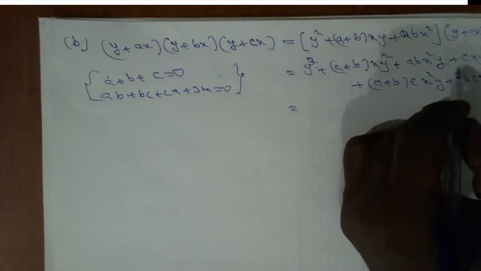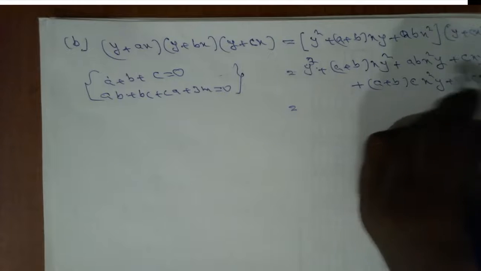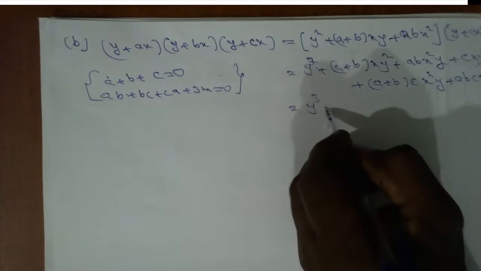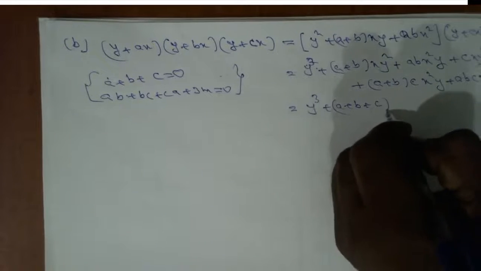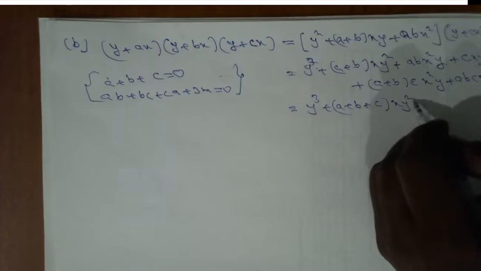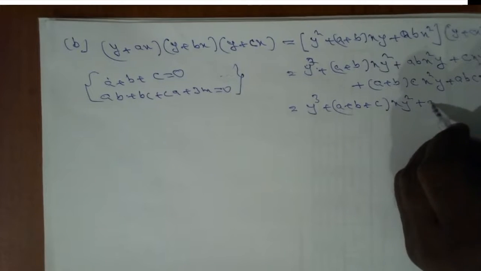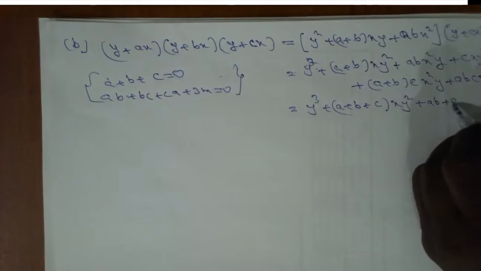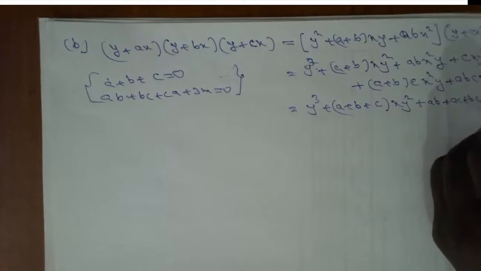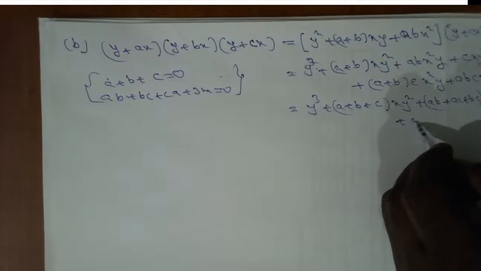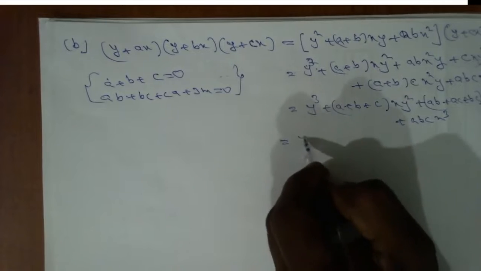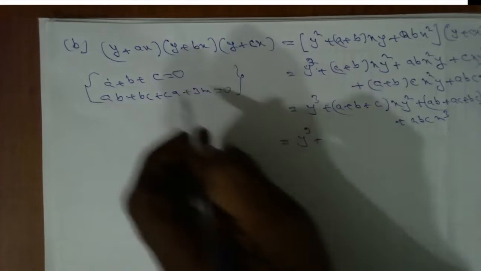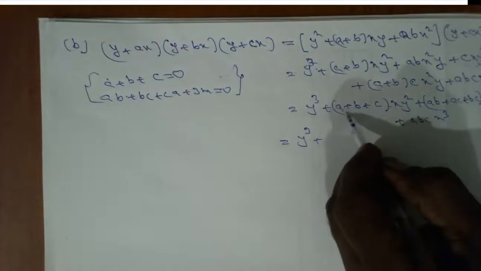Now you can take xy squared: y cube plus (a plus b plus c) times xy squared plus (ab plus ac plus bc) times x squared y plus abc x cube. Now you look at the y cube term, but a plus b plus c is equal to 0, then this part equals 0.